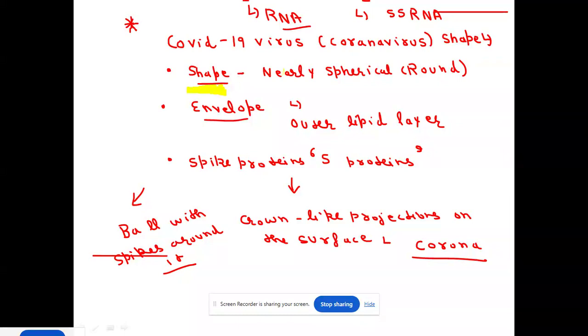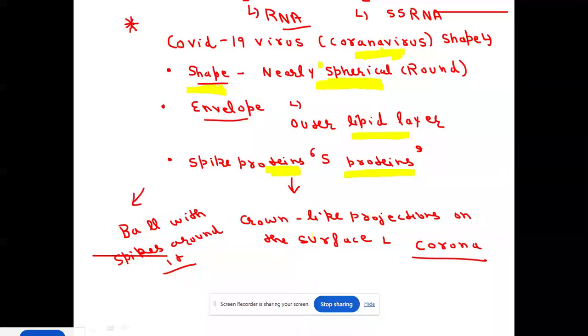What about the shape of the COVID-19 virus? Its shape is nearly spherical or rounded. It is enveloped, with an outer lipid layer. Also spike proteins are there, which are called S proteins.